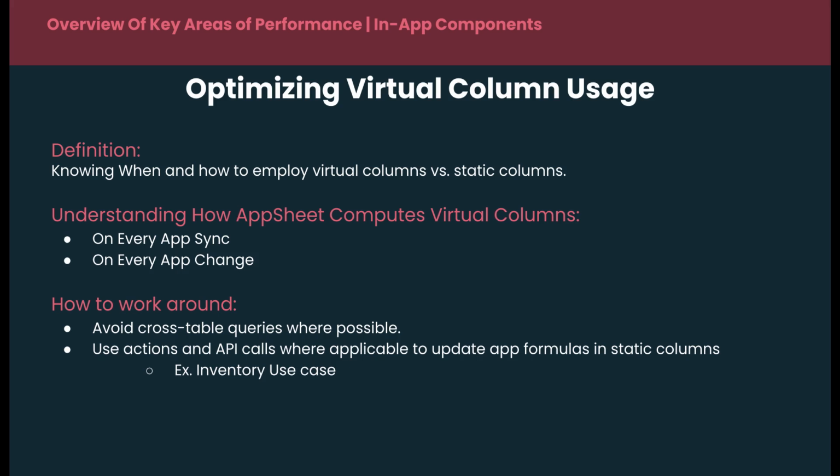In order to do that, we have to do a sum aggregate on the transactions that have taken place related to that product. So what we can do is have the current inventory be a static column in the product table rather than a virtual column. Then whenever we make a transaction, we can use an in-app action to update the corresponding product related to that transaction. In doing so, it will recalculate that static column through the app formula, and we get our current inventory.